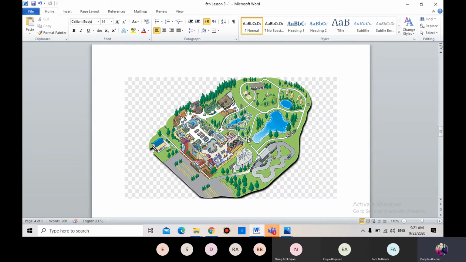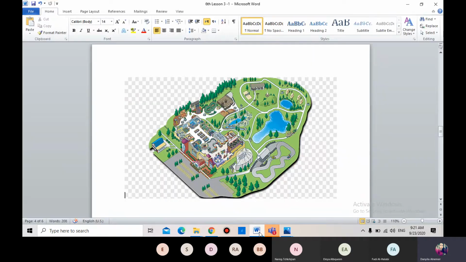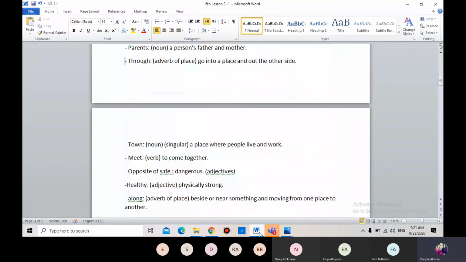Again, if I go in the park from here, I will start going through the park, then again out of the park. So this is what we mean by through. Through means you go into a place and out the other side.